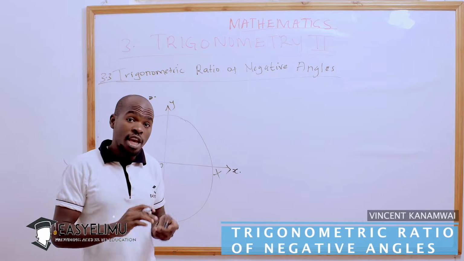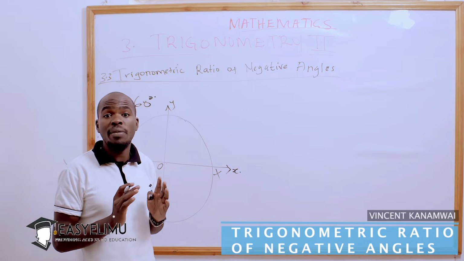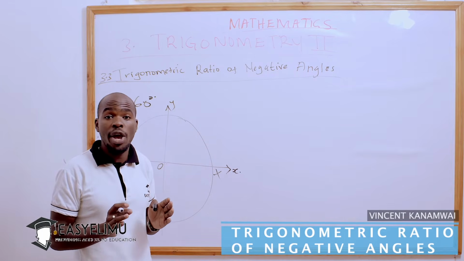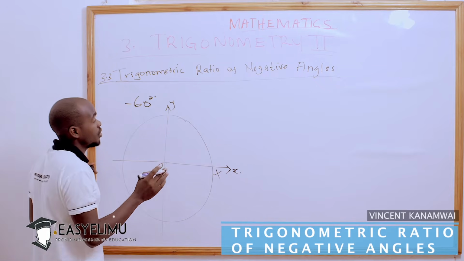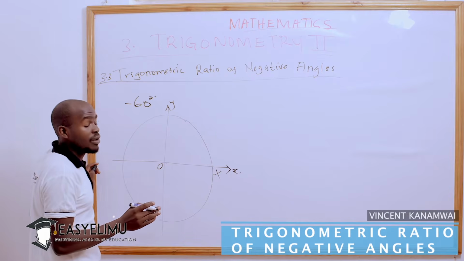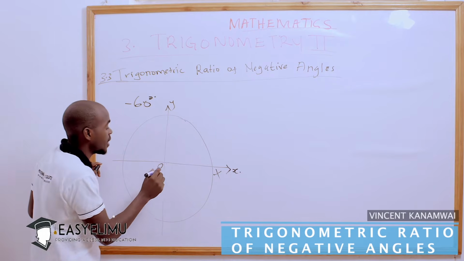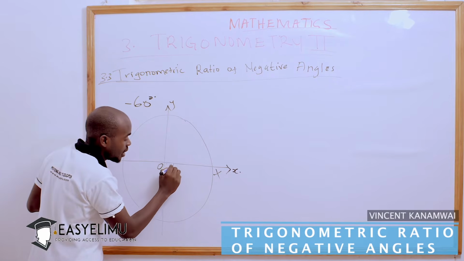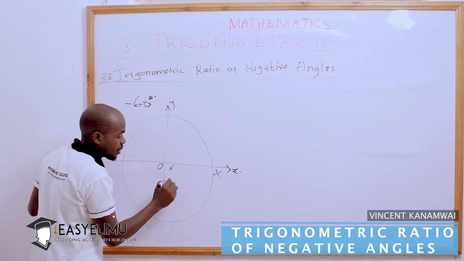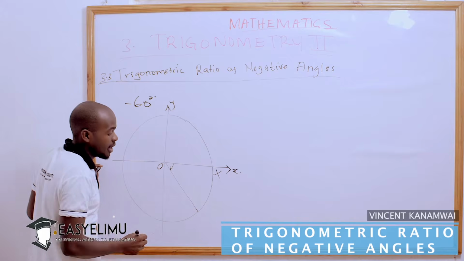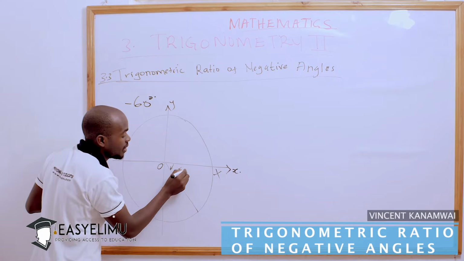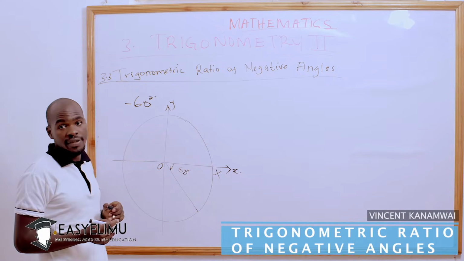But remember, we said if you measure a negative angle, you are measuring it with respect to a clockwise direction. So if we measure in a clockwise direction with a reference of OX, then we are measuring in this direction. So if it is 60 degrees, we are going to have it at that point, for instance, and we shall find this one is 60 degrees.